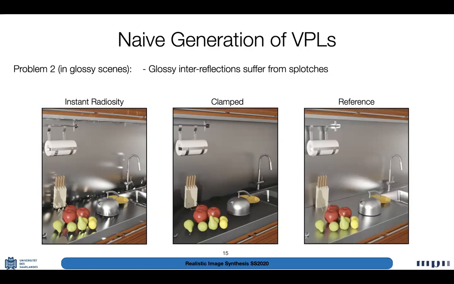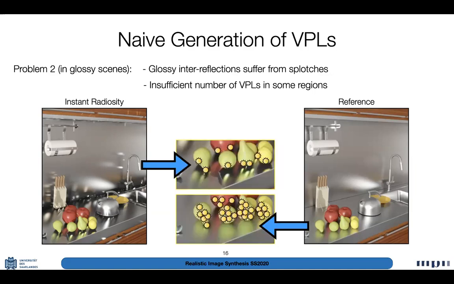Another problem with the way the VPL works is that we would need a very high number of VPLs for glossy regions. VPLs are called virtual because they're not real light sources.